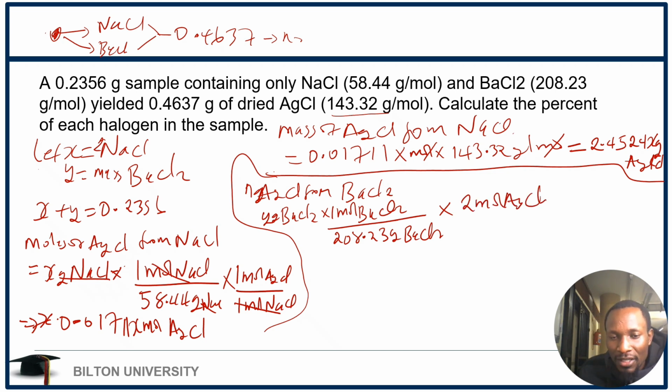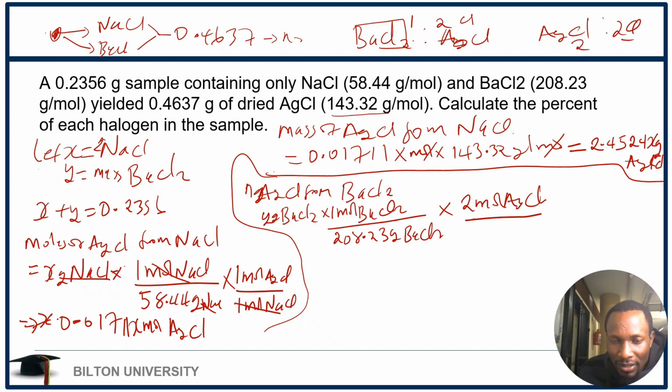Why 2 moles of silver chloride? Because for every 1 formula unit of barium chloride we have 2 chloride ions, so the ratio is 1 to 2, and we have 2 silver chloride for every unit of 1.